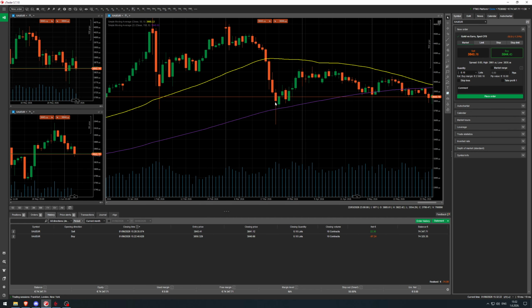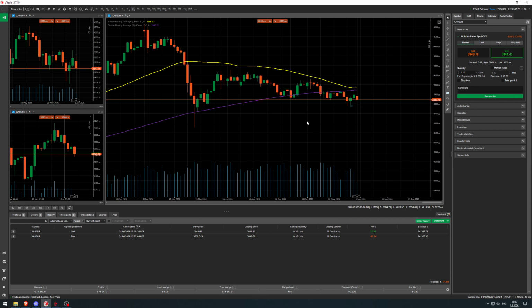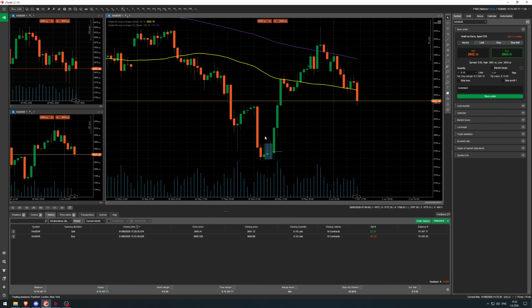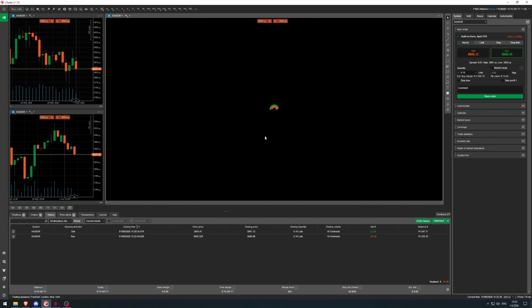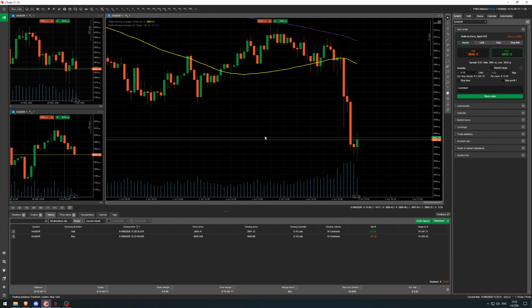This one didn't close, so they would sort of hold it. And then this one closed below, so there would be the sell. I'm currently looking into it. I'm just watching. I'm not doing any trades on it. But I wanted to explain why the lines are here.